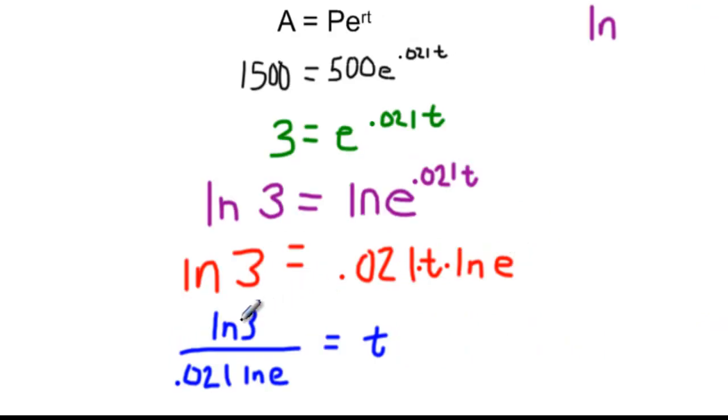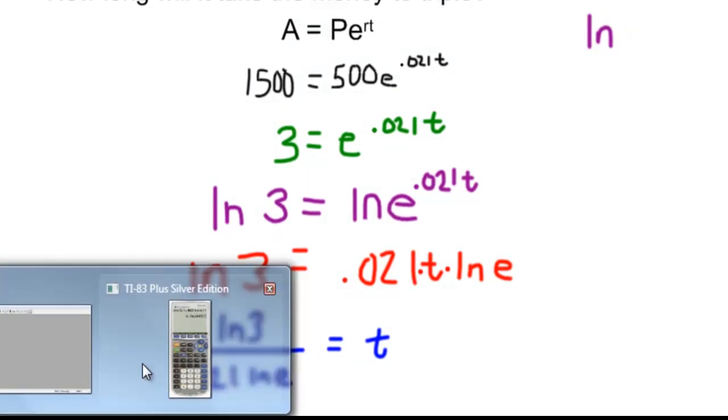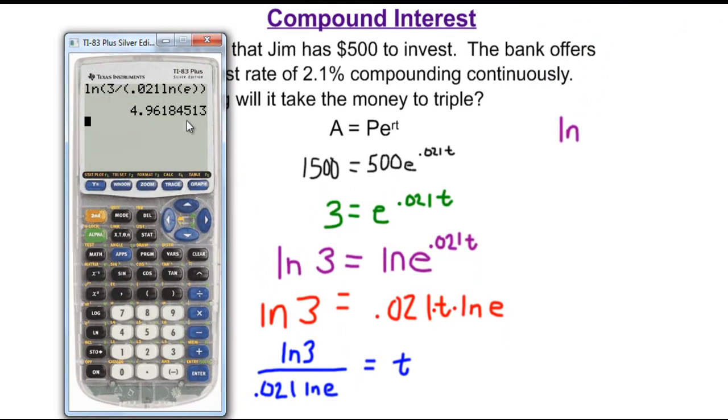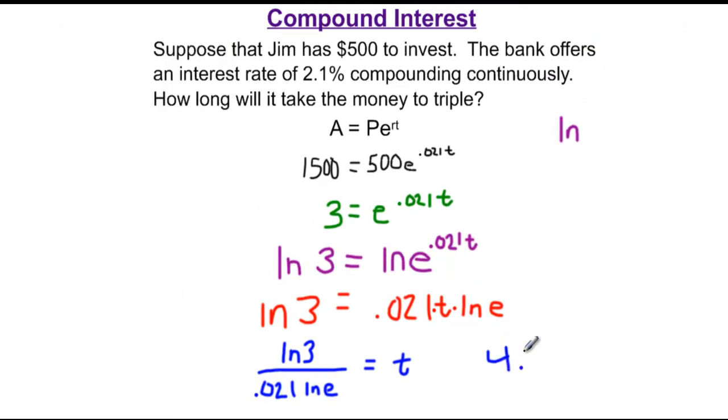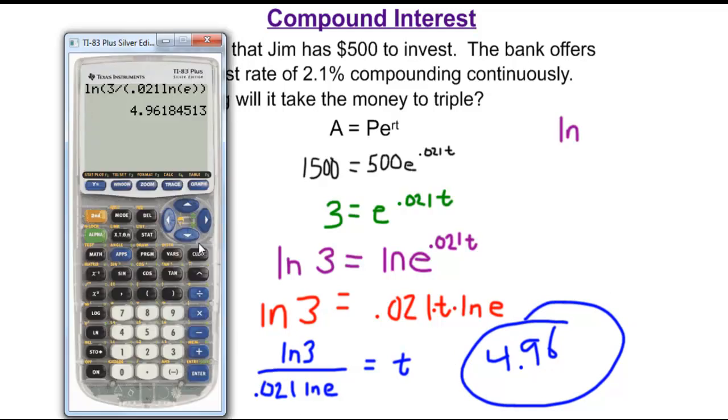After the division, you can see we have natural log of 3 divided by 0.021 natural log of e. Typing that into the calculator, you will see that our t value is 4.96. And that would be 4.96 years that it would take the money to triple.